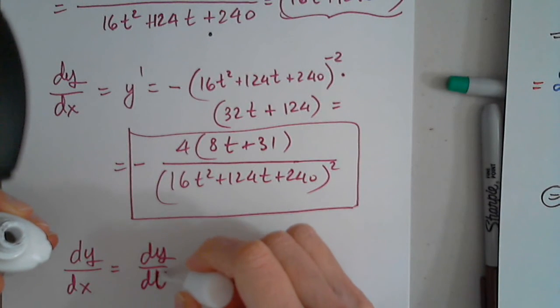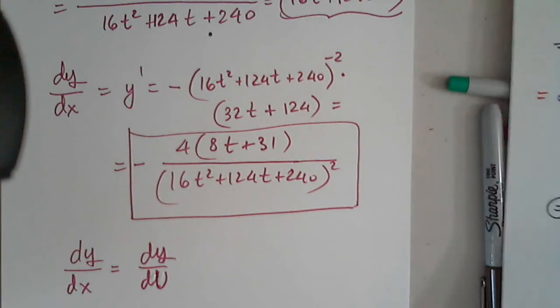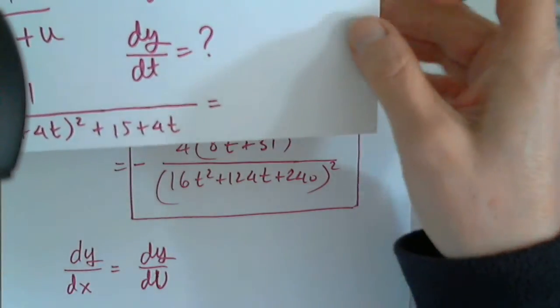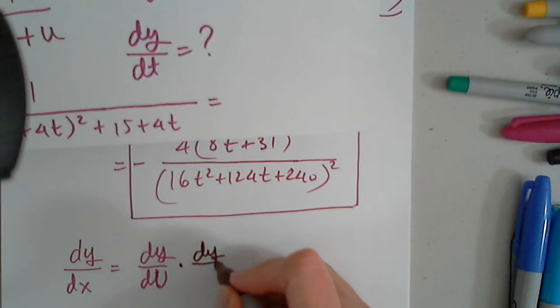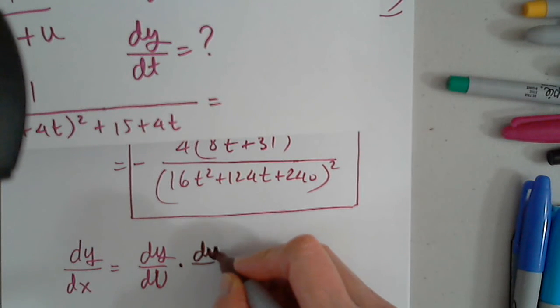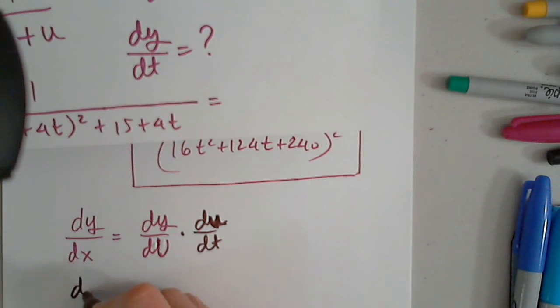It's not t, it's u. Okay. Multiplied by du over dt. I'll write it one more time. dy over, it was dt, yeah.